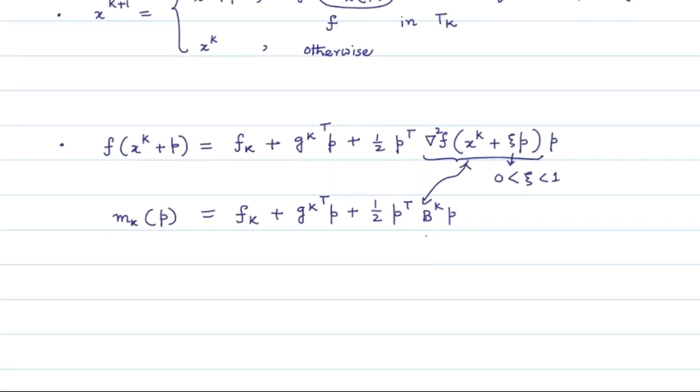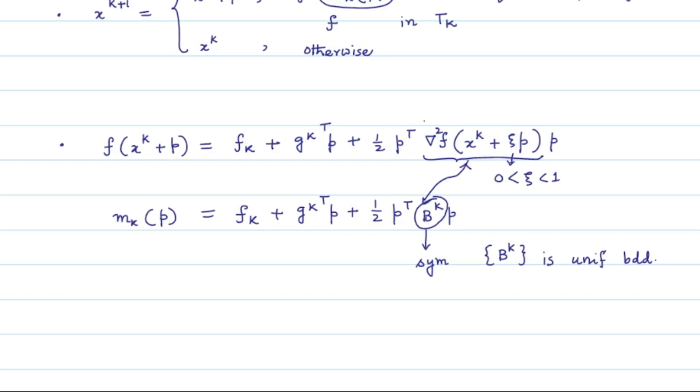Here, in taking the approximation of the Hessian, we do not impose much condition on this Bk. We just consider that Bk is symmetric and the sequence of Hessian approximations across the iterative points xk is uniformly bounded with respect to the same matrix norm that we have used in the third assumption.